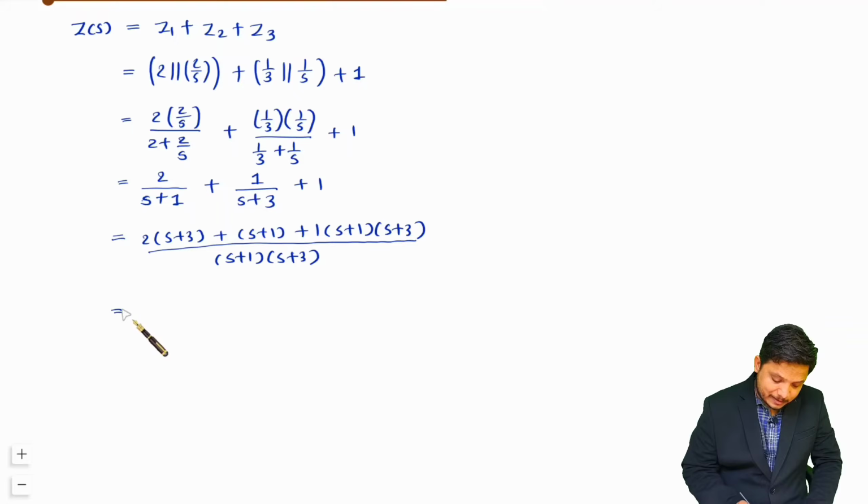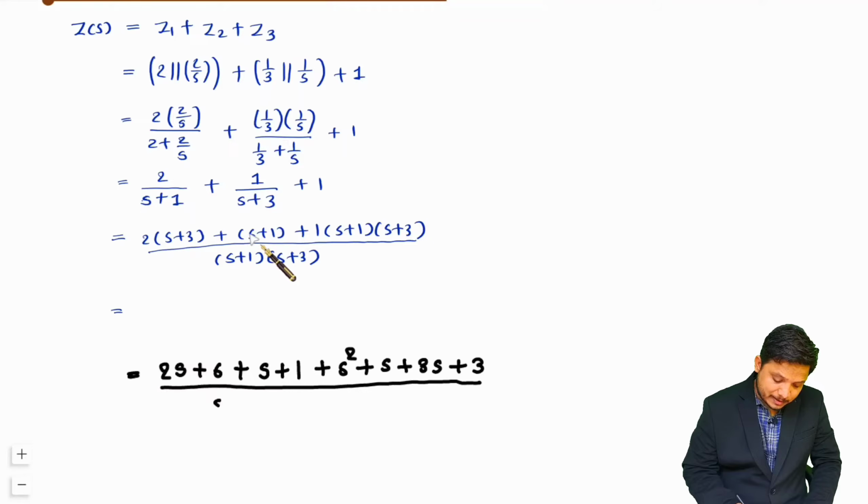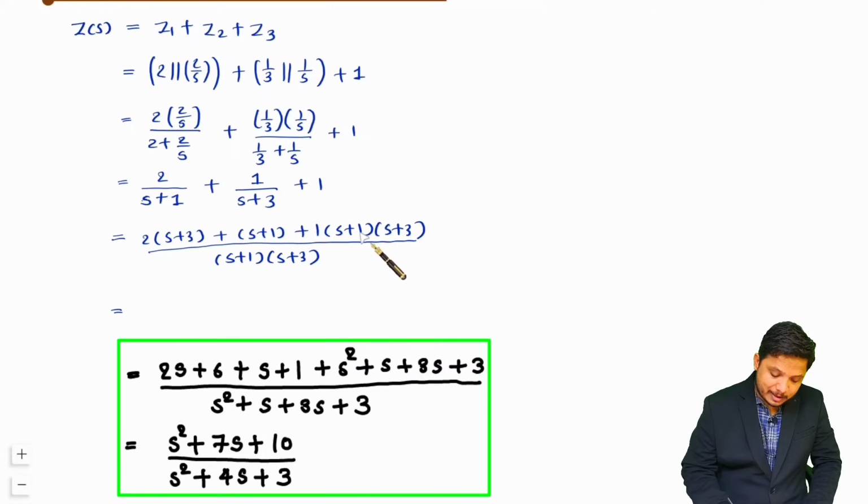Let us solve this. 2S plus S plus 4S, that will be 7S. Now 2 into 3 is 6, plus 1, plus 1 into 3, that is 6 plus 1 plus 3, which is 10.